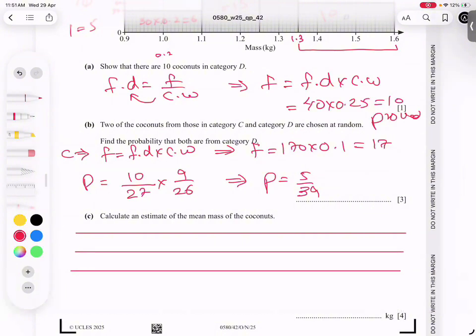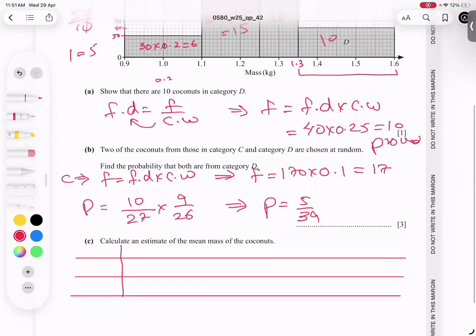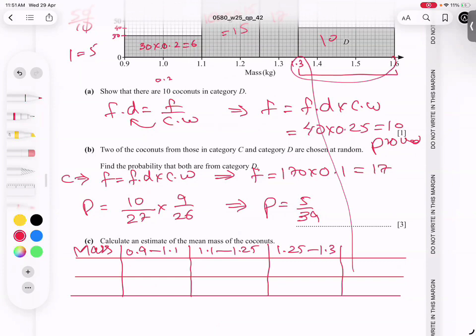The first column is the X values, called masses, mass in kilograms: starting from 0.9 till 1.1. Second column, 1.1 till 1.25. Third column, 1.25 till 1.35. Last column, 1.35 till 1.6.